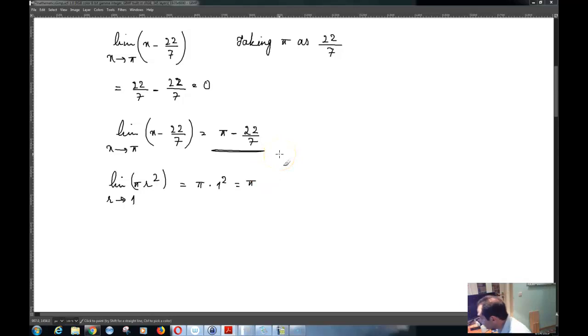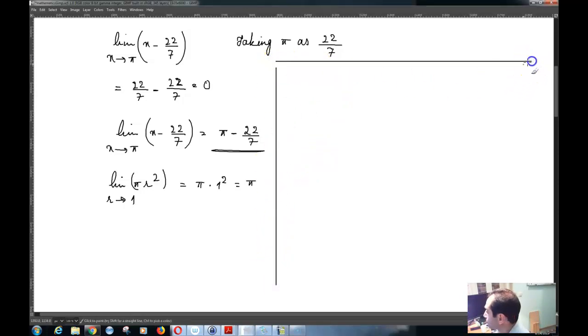Number 4, you have the limit of 4x plus 3 over x minus 2 as x tends to 4.